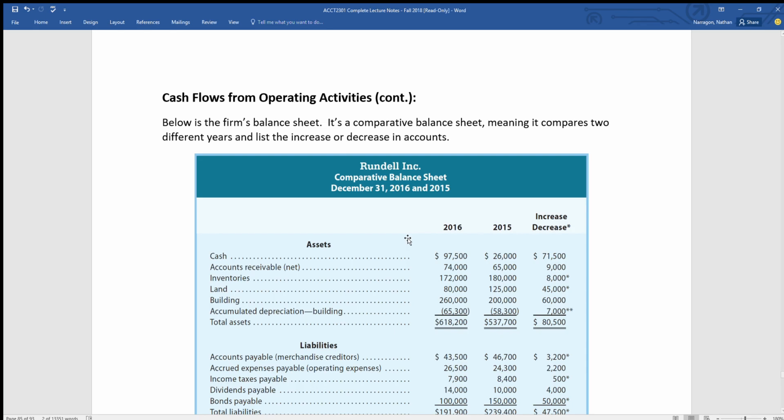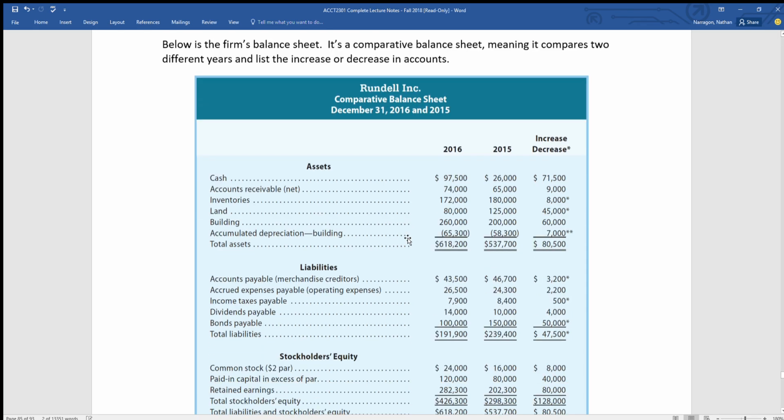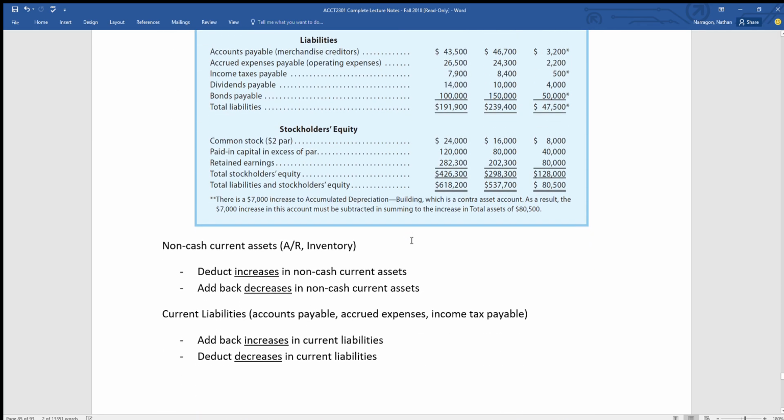We like comparative balance sheets. When we do cash flows, we have to compare 2 years because we're looking for increases and decreases. So we're really looking for those items, and what we're going to be looking at is a few non-cash asset accounts. That's going to usually be accounts receivable and inventory.